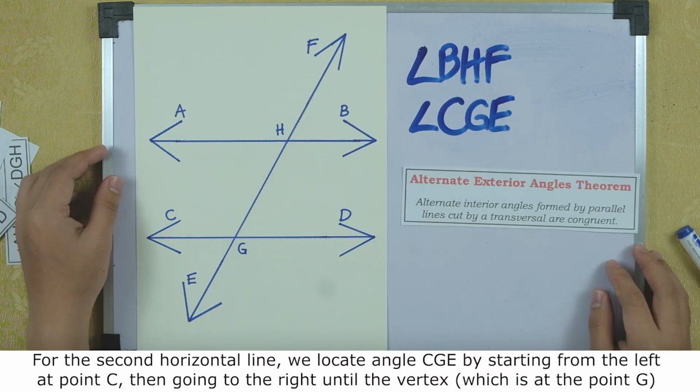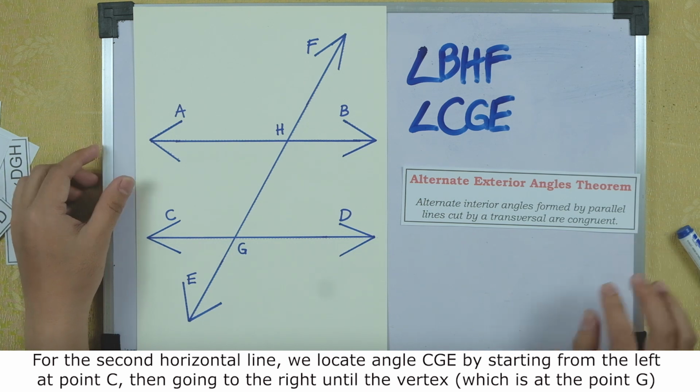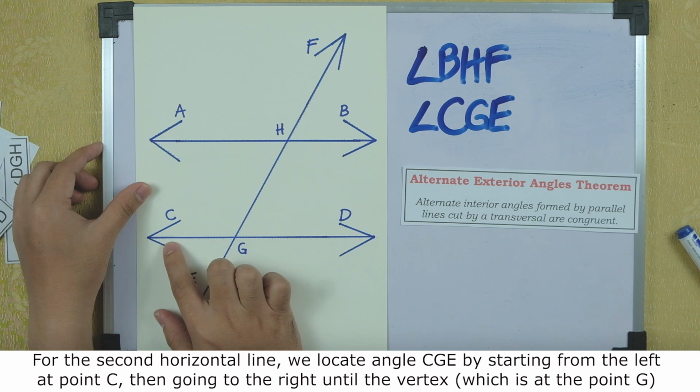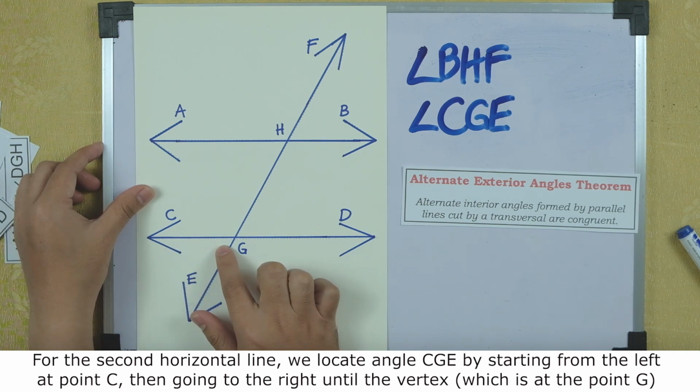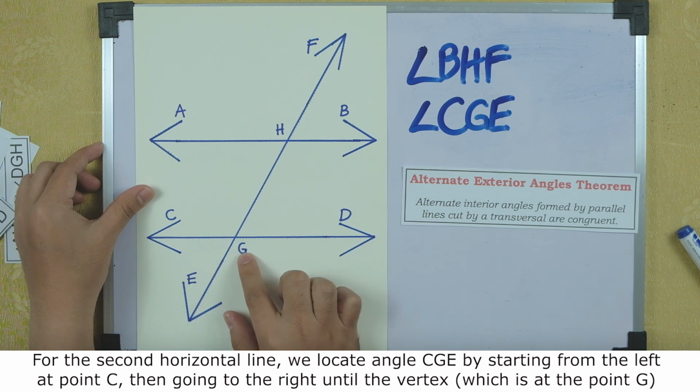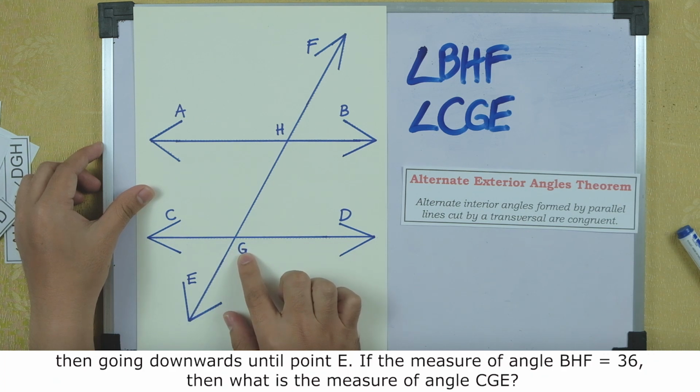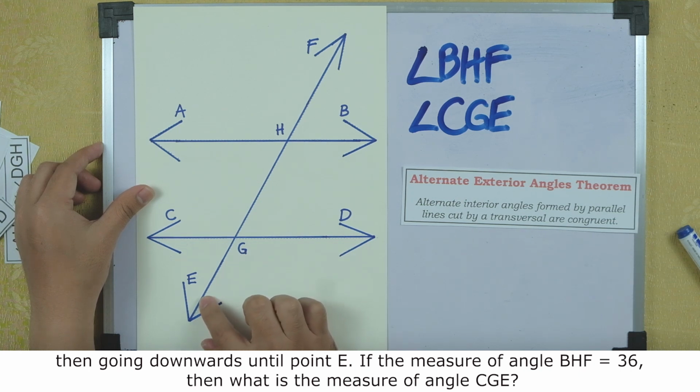For the second horizontal line, we locate angle CGE by starting from the left at point C here. Then we go to the right until we reach the vertex, which is at point G. Then we go downwards until we reach the point E. So this is angle CGE.